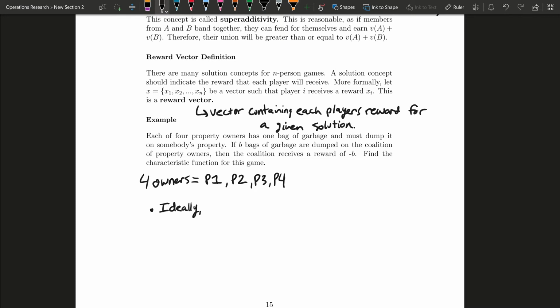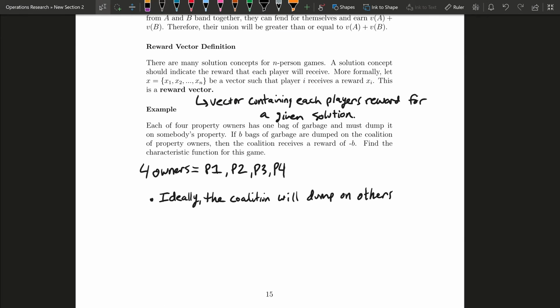Ideally, the coalition will dump their garbage on a property outside of their coalition. So I'm just going to say they will dump on the others because you're not going to want to hurt the overall reward for your team because that'll hurt your direct reward.